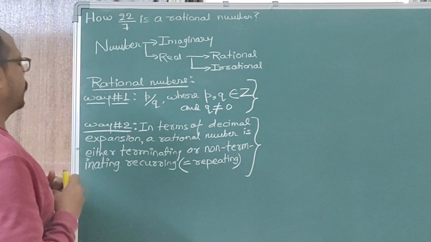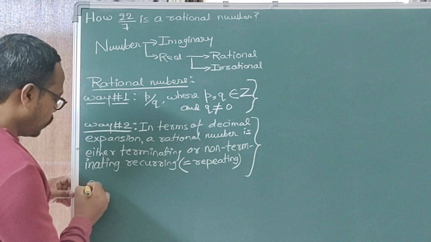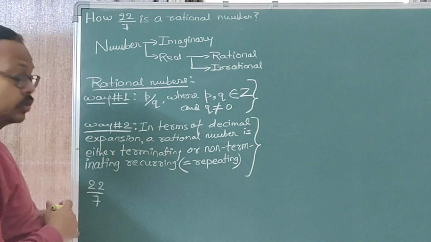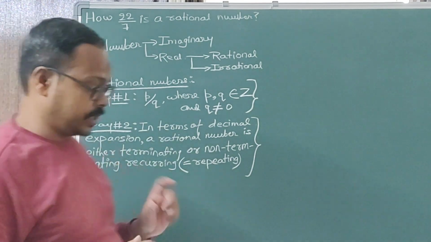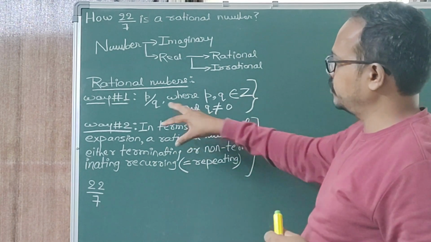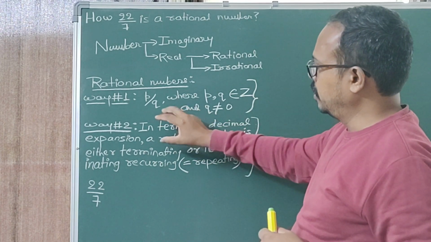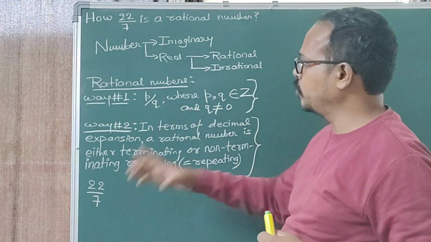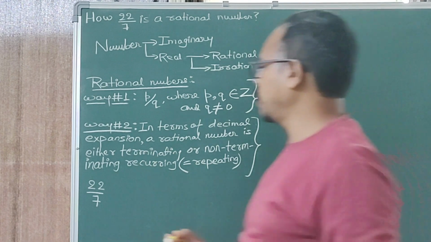So what do you think about 22 by 7? 22 by 7 is a rational number because it satisfies both the ways. From both the ways, 22 by 7 can be proved as a rational number. Let me tell you how.